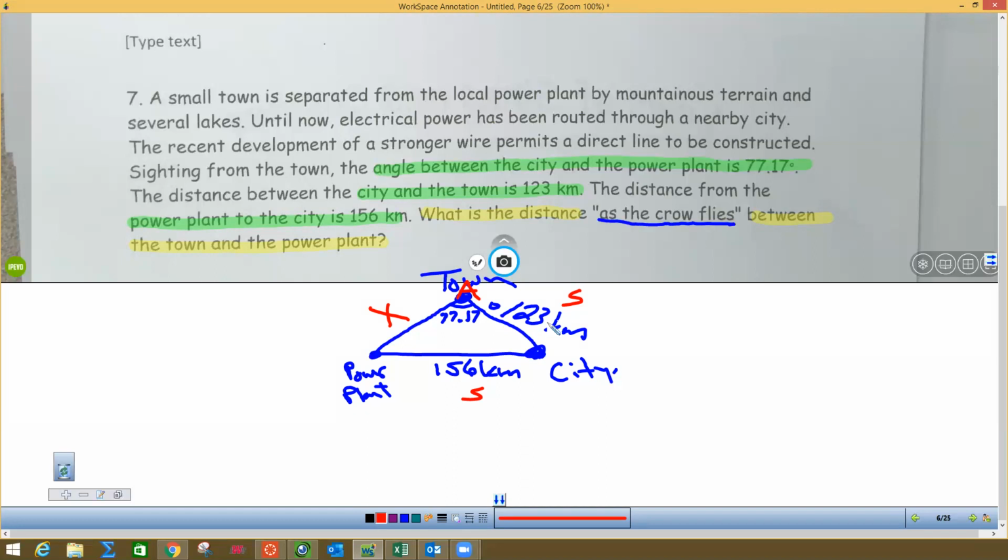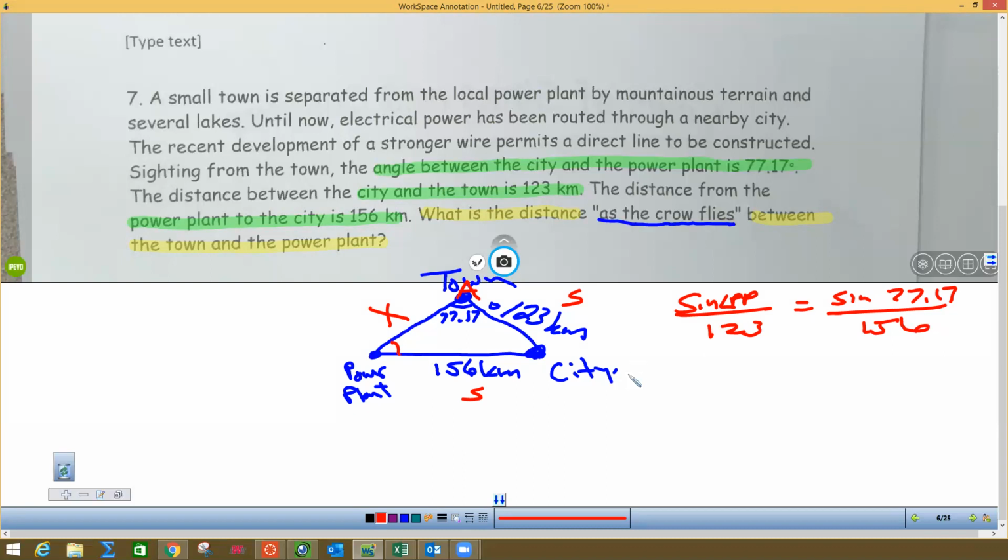Do you see it? So since it's an angle, I'm going to find this angle first. I'm going to say the sine of the power plant, and you put an angle symbol there, is to 123 as the sine of 77.17 is to 156. Now, am I finding an angle?